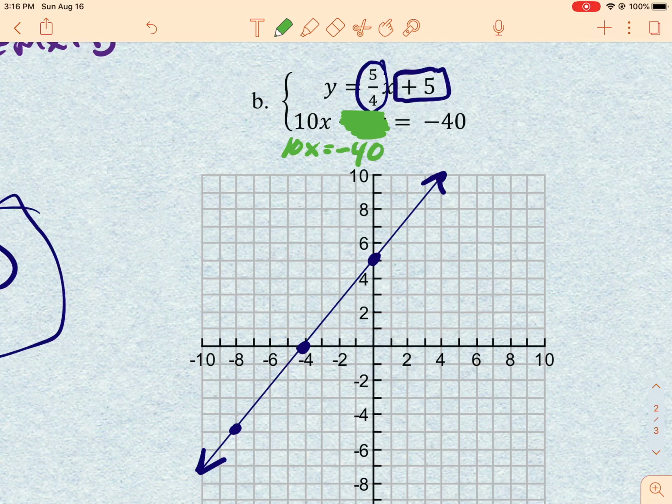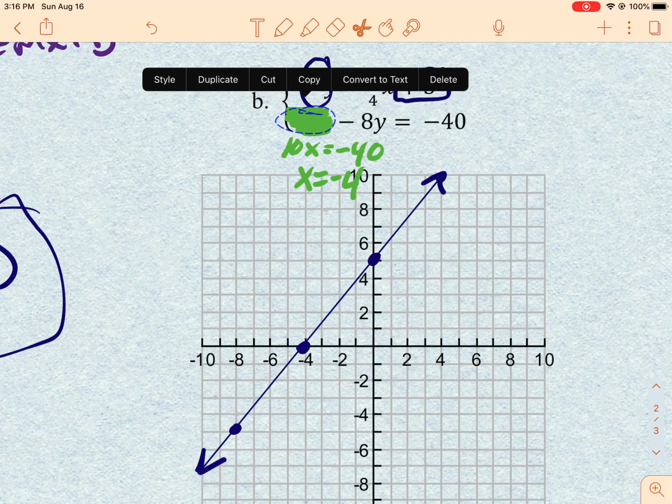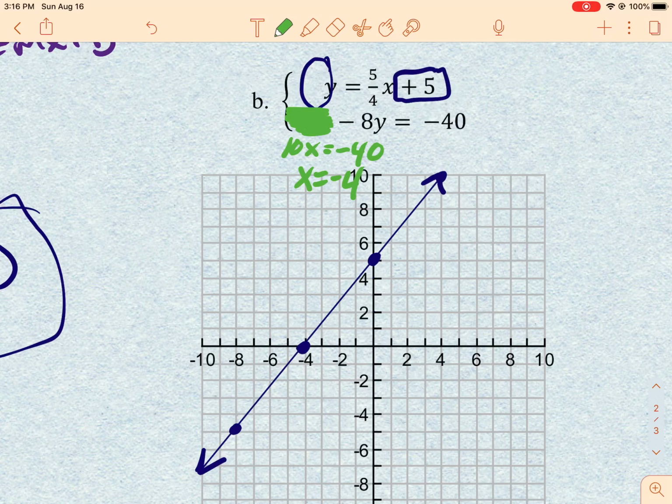So if I divide both sides by 10, I'm getting x to be -4. If I now cover up my x, I'm getting negative 8y equals negative 40. Divide both sides by negative 8, and you're getting y equals 5.